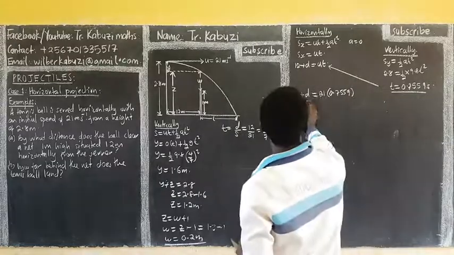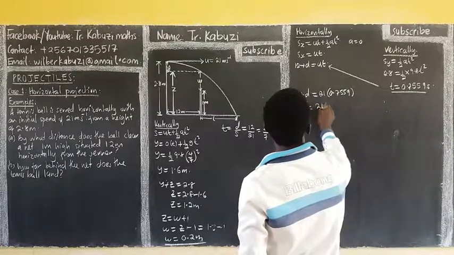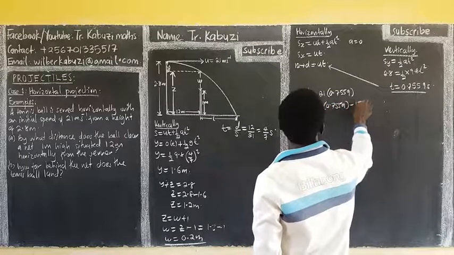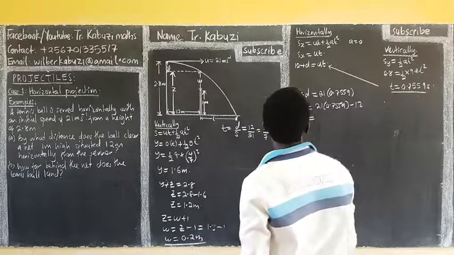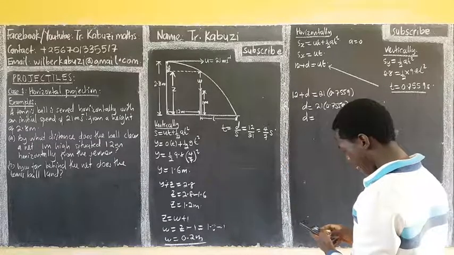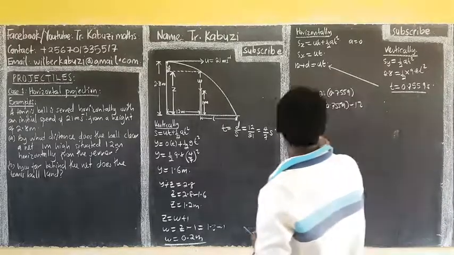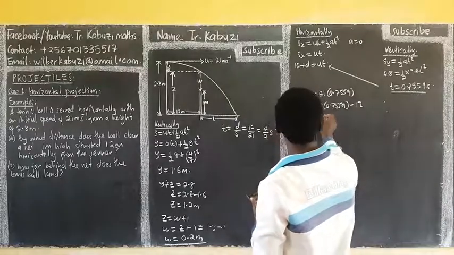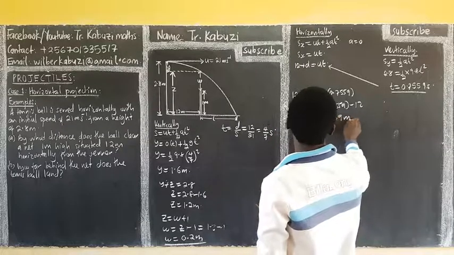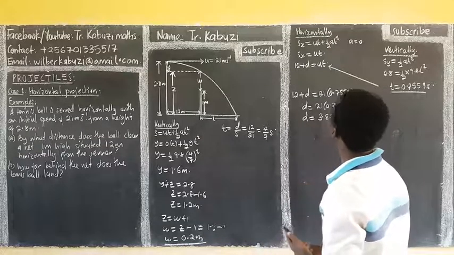So that our D will be 21 times 0.7559 minus 12, and here I'm getting 3.8739 meters.